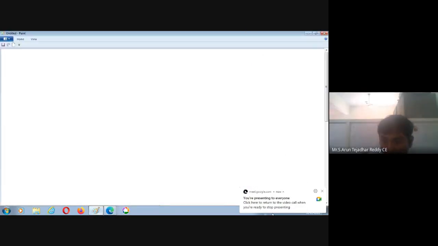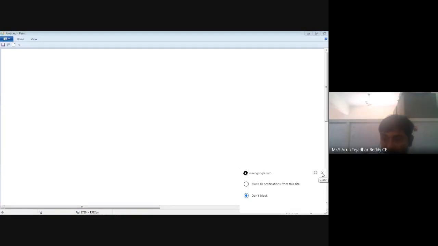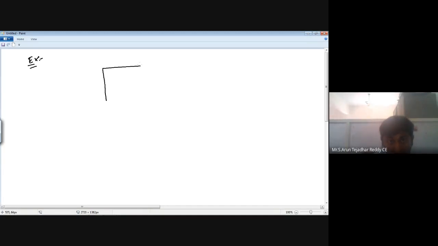And one small example of the method of joints. All of you draw this diagram.